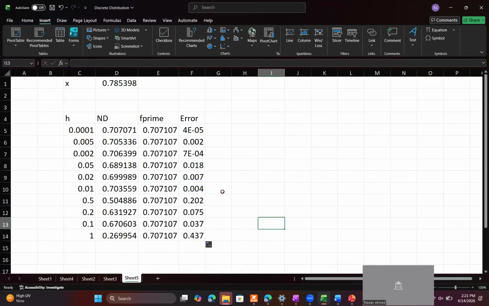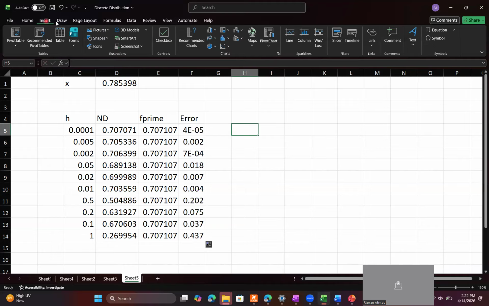And as the step size increases, the error tends to grow up. That's the compromise in numerical differentiation and thereby in the solution of numerical differential equations. So let's plot it and look for the equation.